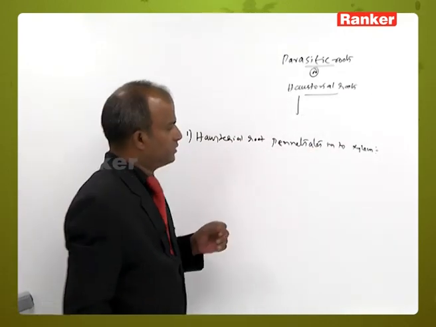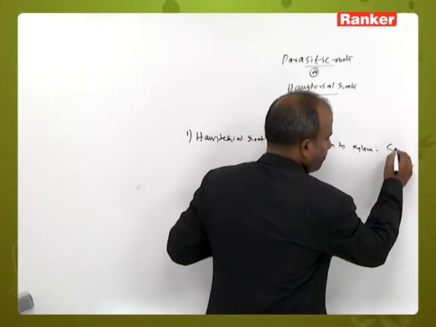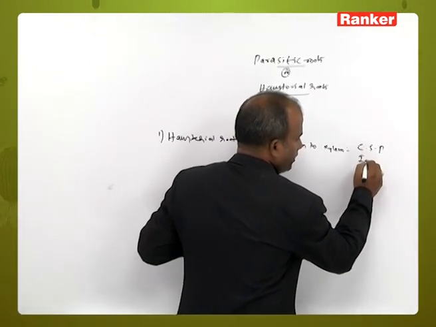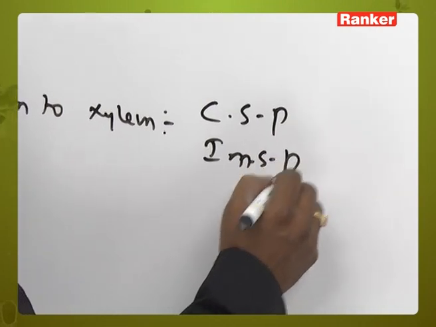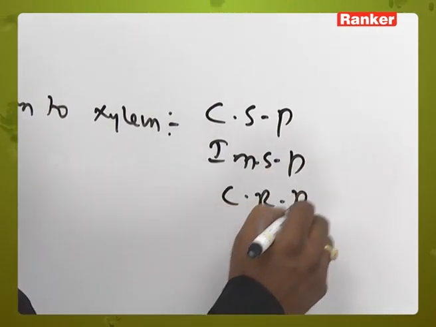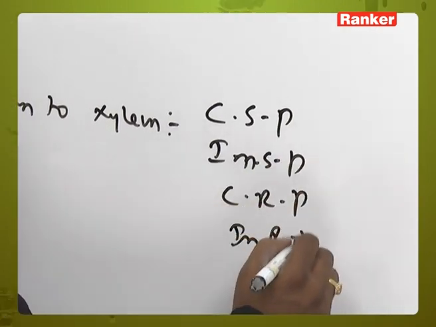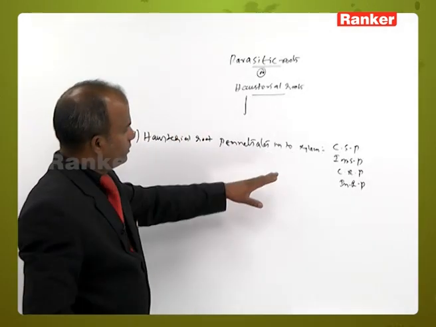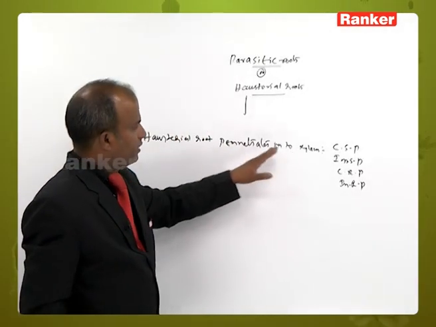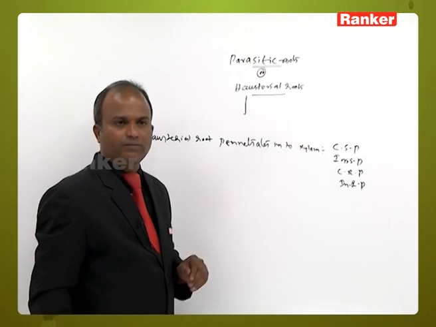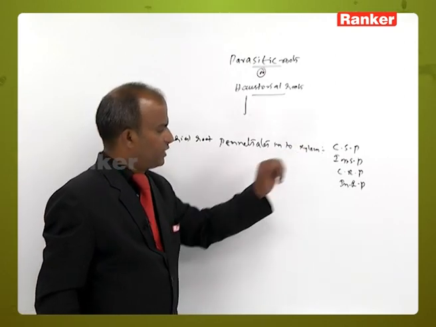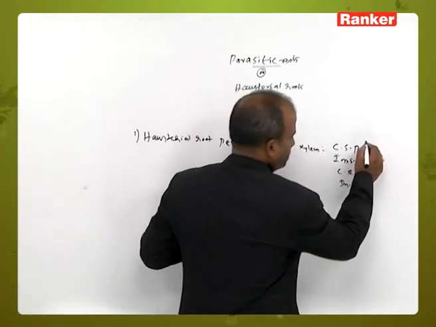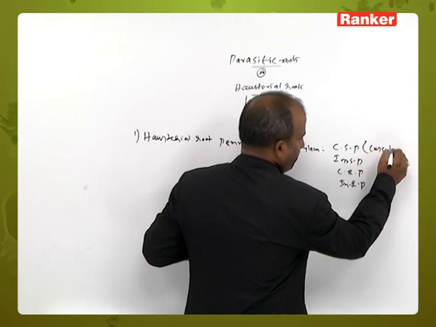That is complete stem parasite, incomplete stem parasite, complete root parasite, and incomplete root parasite. All examples come under haustorial roots penetrating into xylem. Complete stem parasite is Cuscuta.